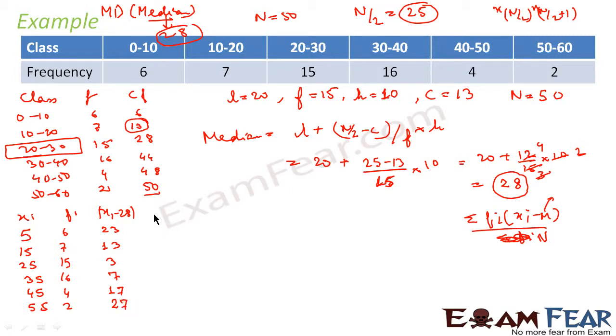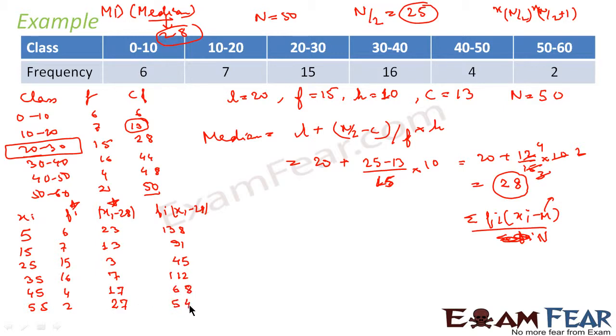Now we have to find fi into mod of xi minus 28, because this is what our formula expects. So we multiply these two values. 6 into 23 is 138. 7 into 13 is 91. 15 into 3 is 45. 16 into 7 is 112. 4 into 17 is 68, and 27 into 2 is 54.